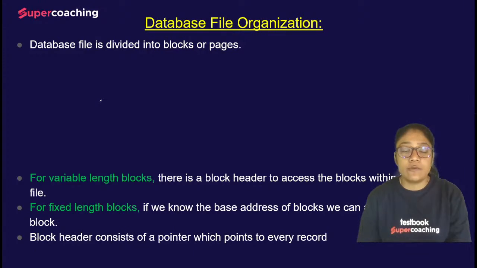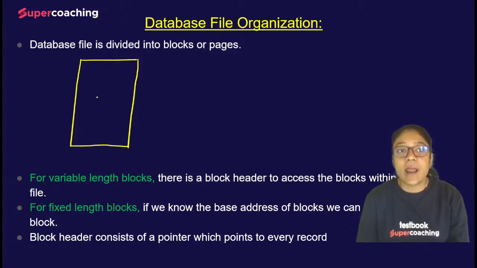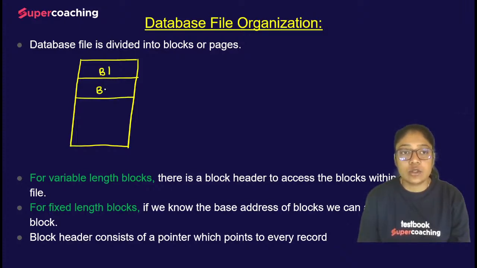Let us assume that we have a database. This is a database file and it is divided into the fixed size blocks. Let me call this as block 1. This is block 2. If you see here, this is of fixed length. Block 3 and block 4.